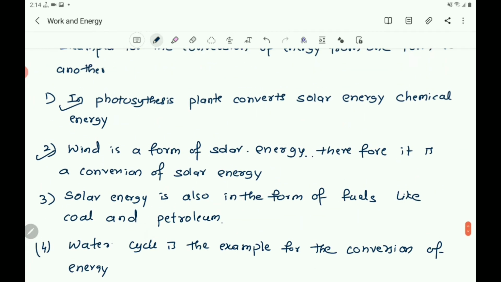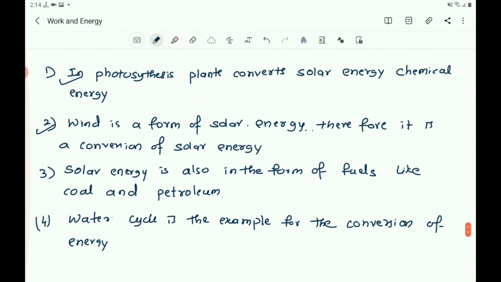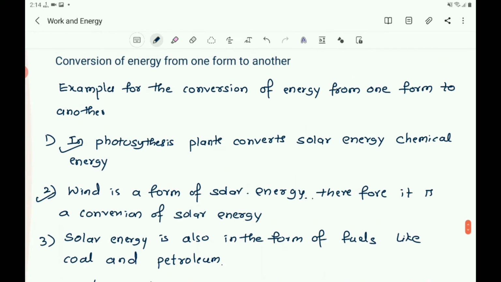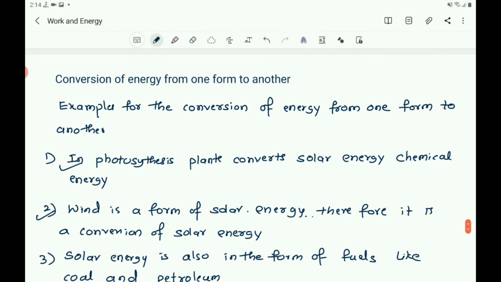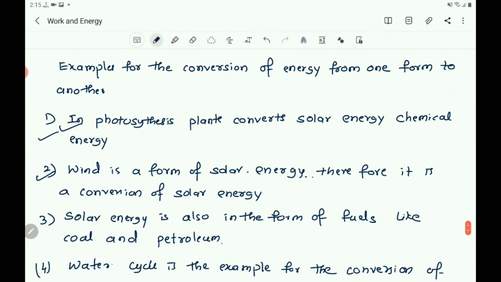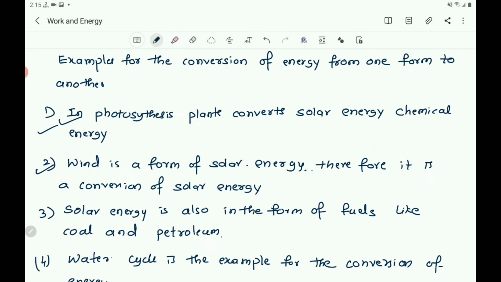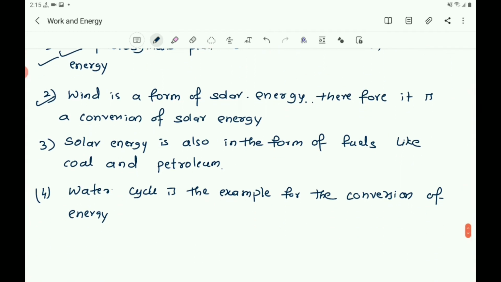And also you can say that these are the energy conversions taking place in nature. Photosynthesis takes place naturally, and winds, fossil fuels, water cycle, these are the examples for the conversion of energy which takes place in nature.